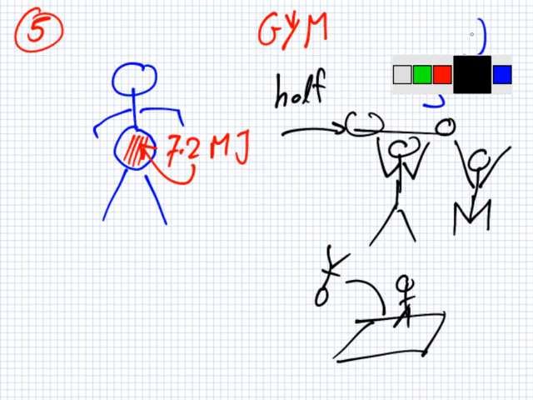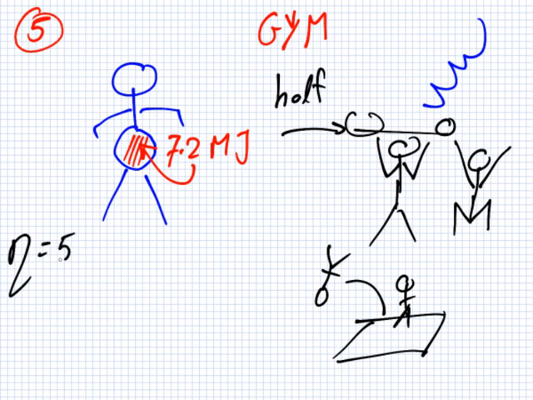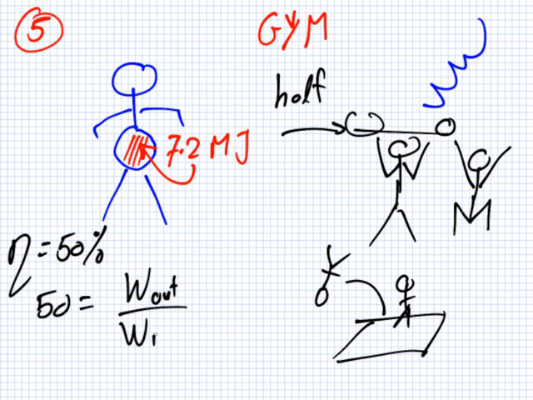Okay. How powerful he is. Okay, so efficiency equals 50%. So 50 equals the power out over the work in times 100.